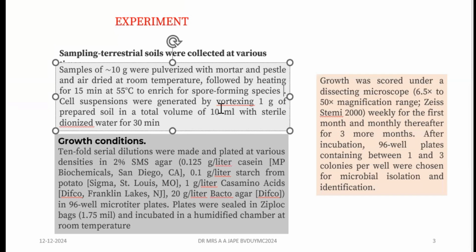Of course, it's not that always you will get the colonies within 24 to 48 hours, but it may take weeks together to see the colonies if the samples are obtained from natural environmental sources, right? Where the number of bacteria present in that particular niche will be immense, with immense diversity.